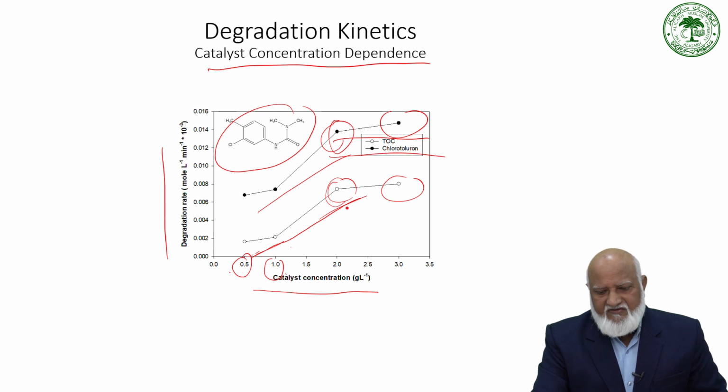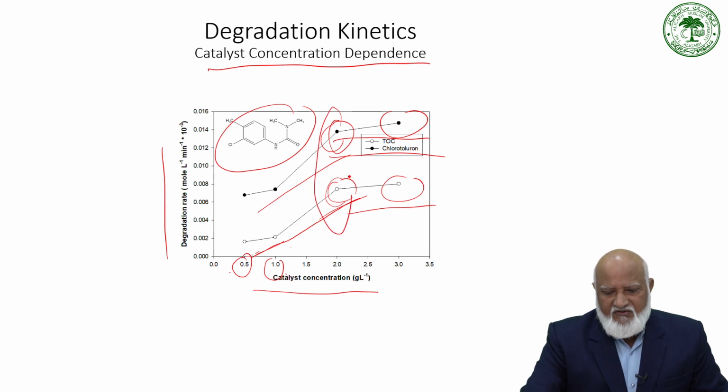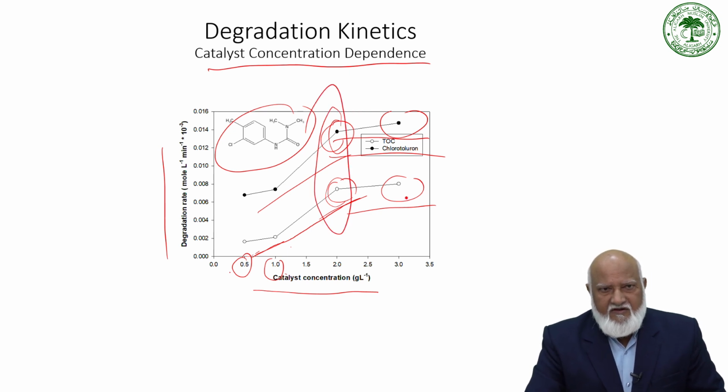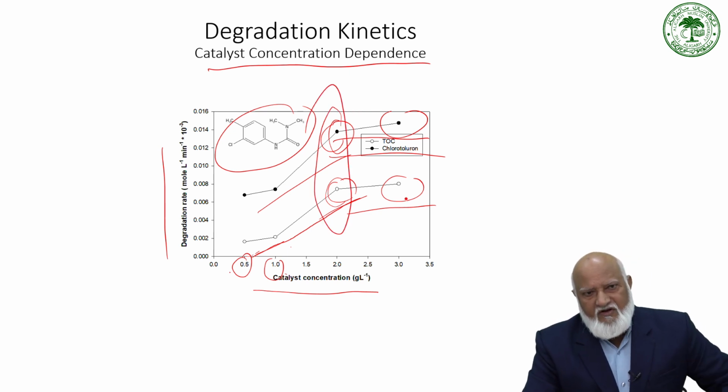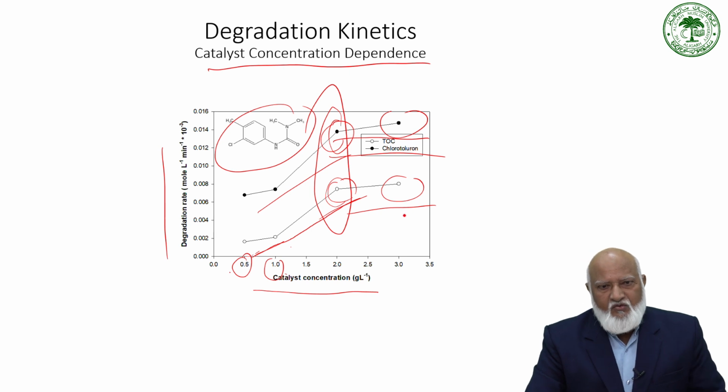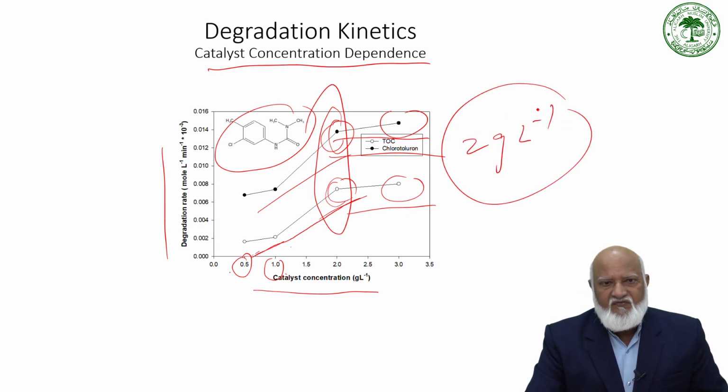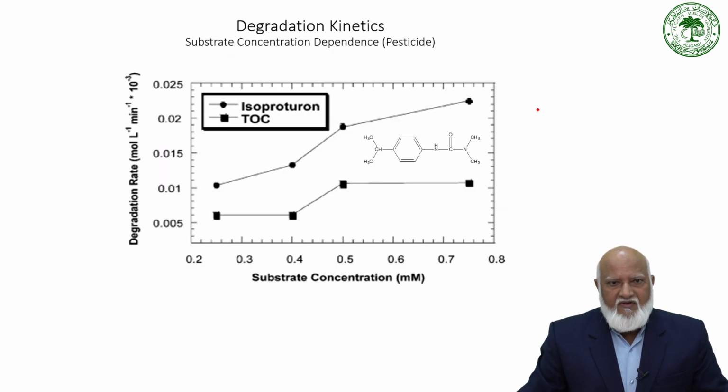The same rate is observed even when we go from 2.5 to 3 gram per liter, so for this particular catalyst and this particular pesticide, 2 gram per liter is the optimal condition for the best degradation rate for this compound.